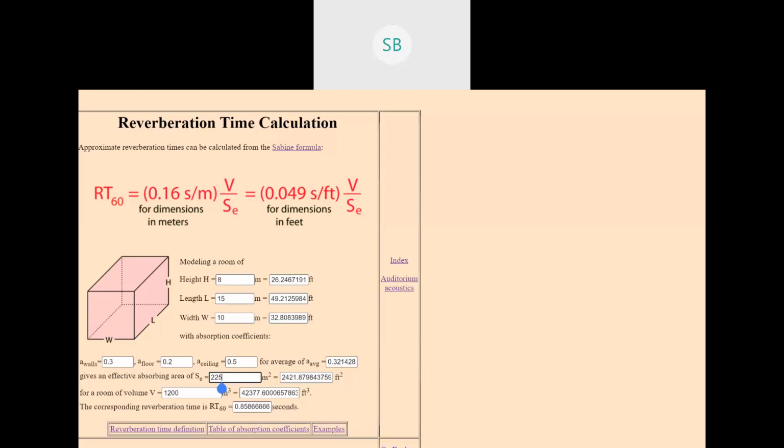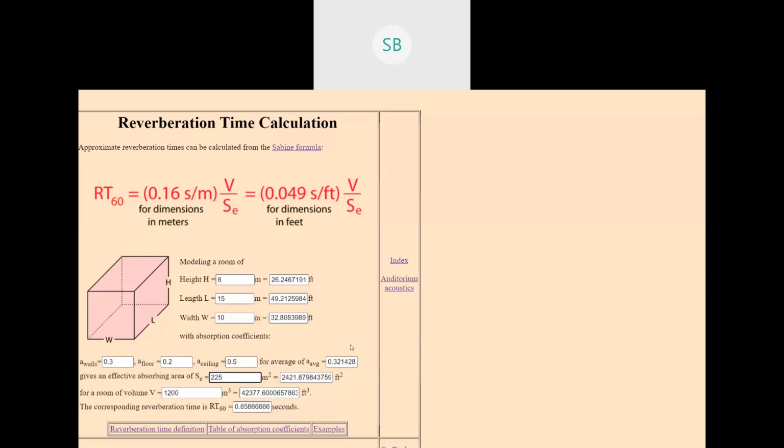This gives me the effective absorption area. Basically what we are doing is multiplying the dimensions of the surfaces, and the number of those surfaces, by the coefficient of absorption. That gives me the total absorption area, from the four walls, one floor and one ceiling.